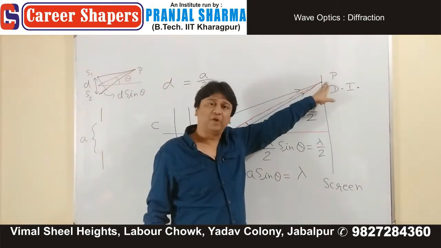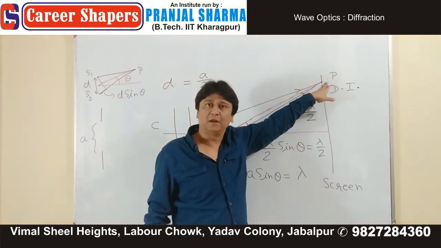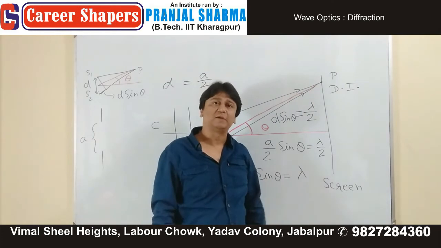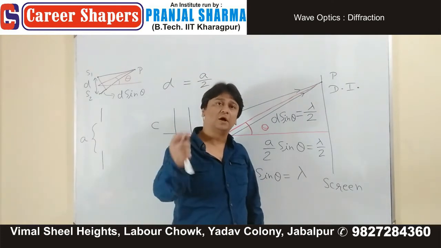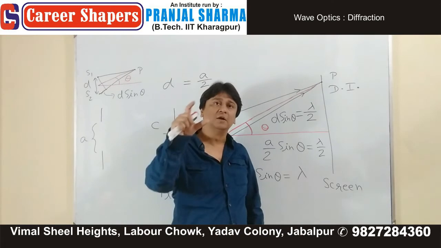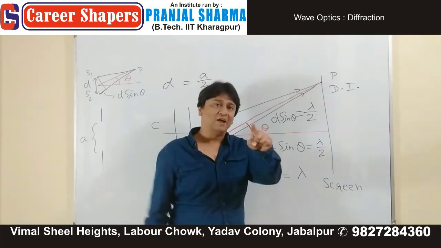No electric field survives at P. If no electric field survives, that means it is what? A completely dark spot.